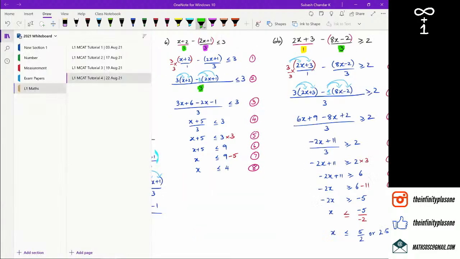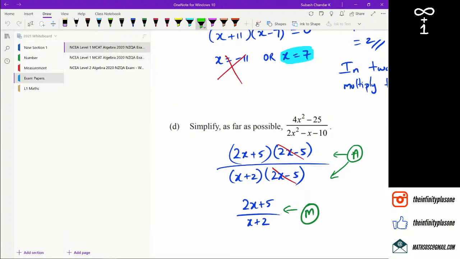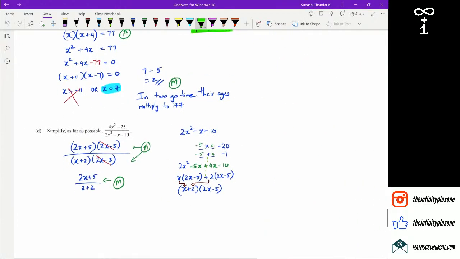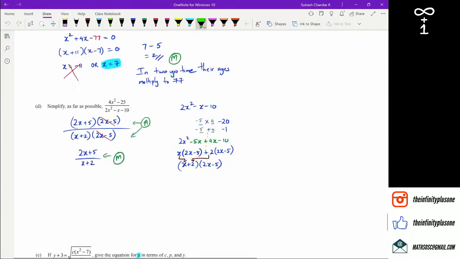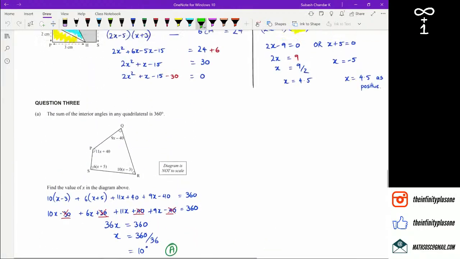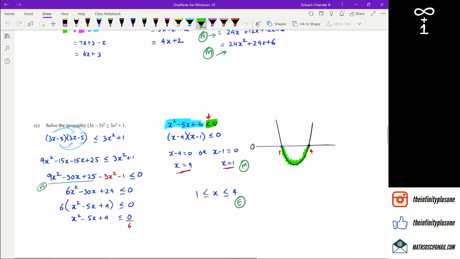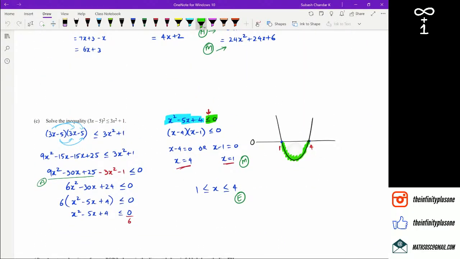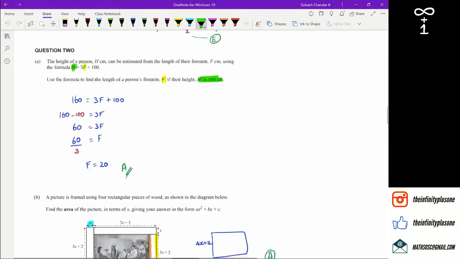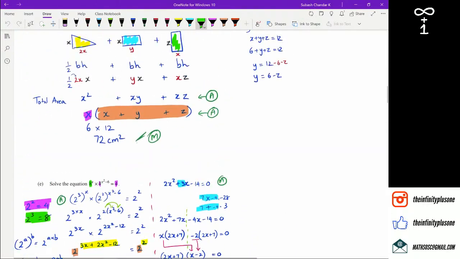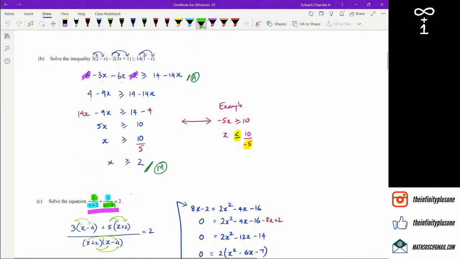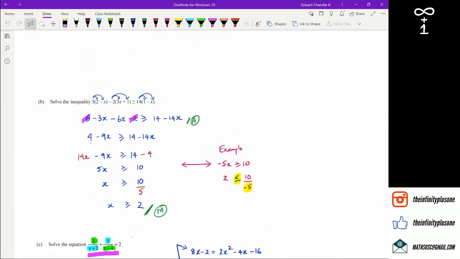Let me just have a quick look at last year's paper. Did we do an inequality last year? No, that's not an inequality. That's a different question. Yeah, see, now this one, they've actually kept it really simple.